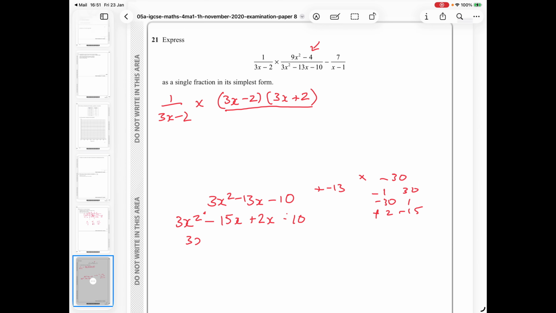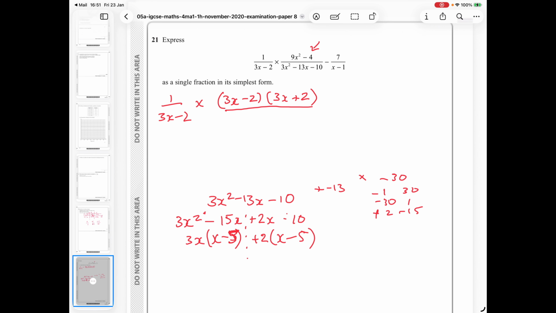Let's take 3x out the front, x minus 5, and then plus 2, and that would be x minus 5 on that side, and that would be x minus 5 on this.